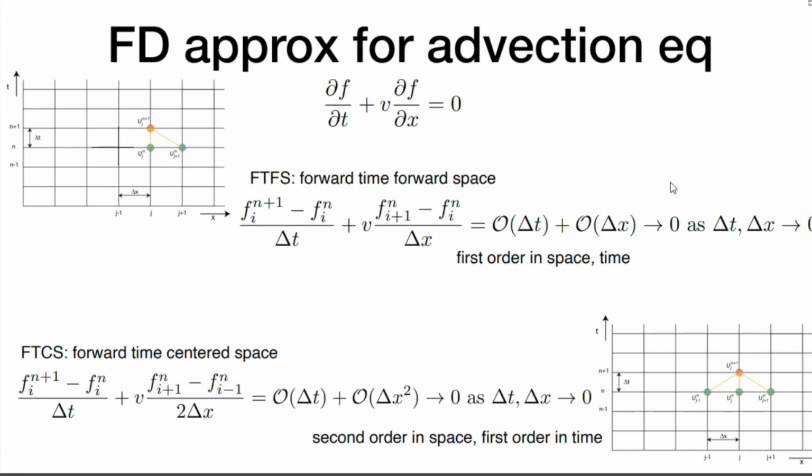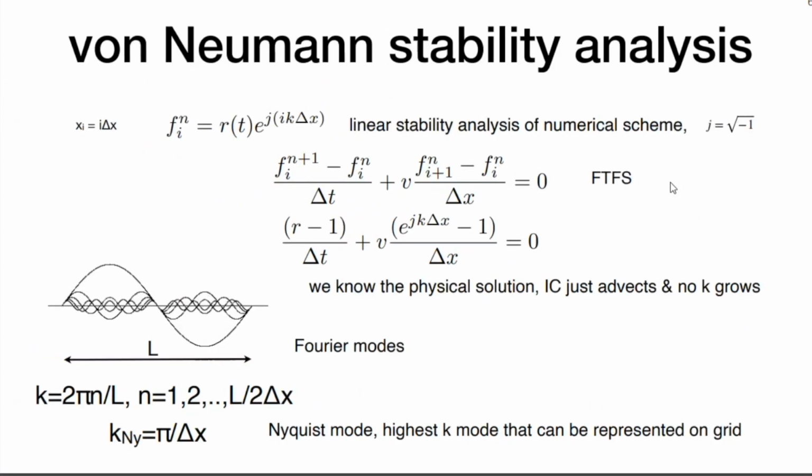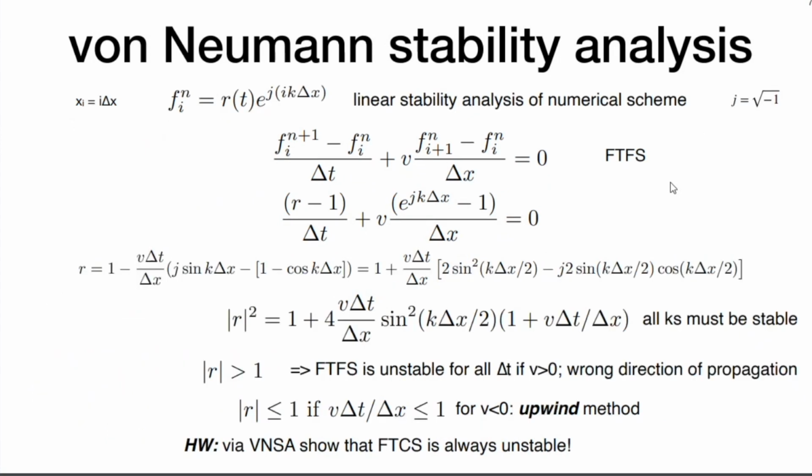How can you use this value to calculate the derivative? It should really depend on the left side. That's why the negative velocity is stable for a small enough delta t, and this one is unstable for any value of delta t. So this is the idea of upwinding, which I'll come to in a minute.